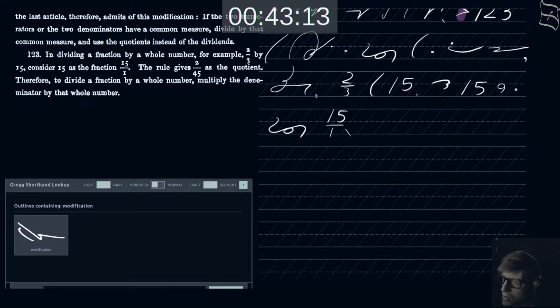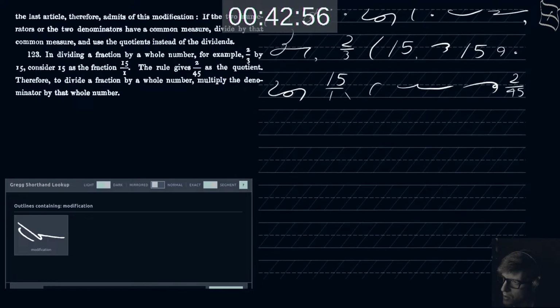The rule gives 2 over 45 as the quotient.